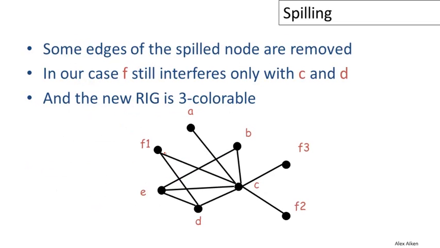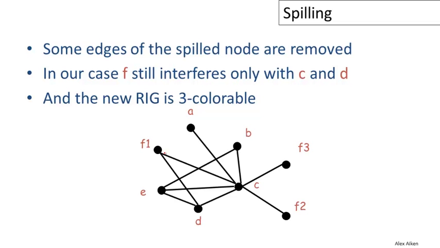So because the live range of f is reduced by spilling, it has fewer interferences in the new program than it did in the old program. And what that means in particular is that in the rebuilt register interference graph, f will have fewer neighbors. Some of the neighbors that it had before have gone away because it's just live in fewer places.